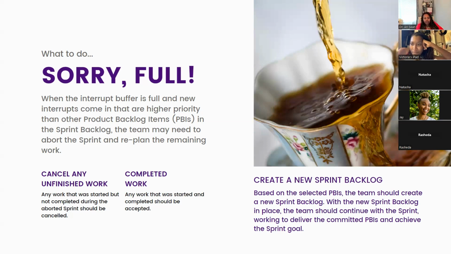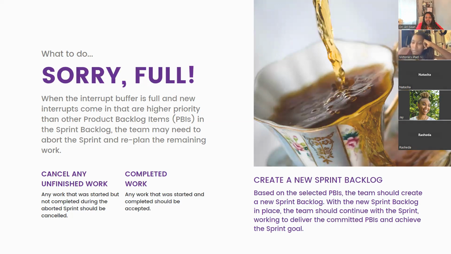Any work that has started and completed, we continue to accept it. So we may have to either negotiate high priority in and deprioritize the rest to the back, or we may have to abort and just wrap up what's completed. We're going to go back, replan for this new high priority work and get our next sprint ready.